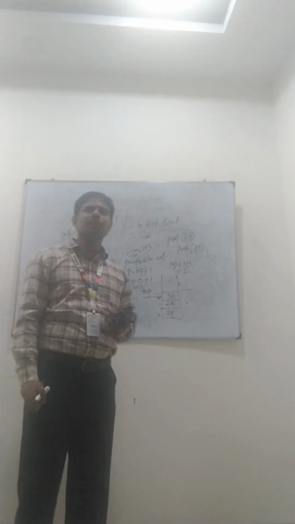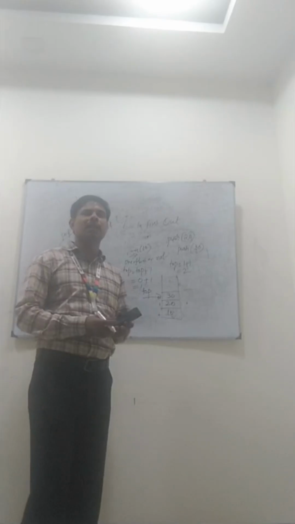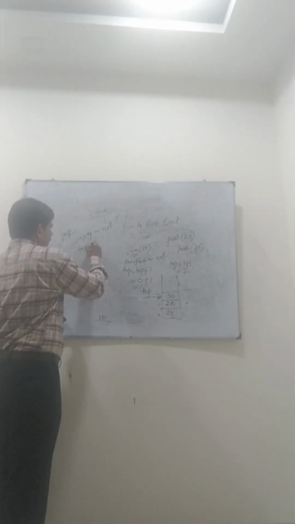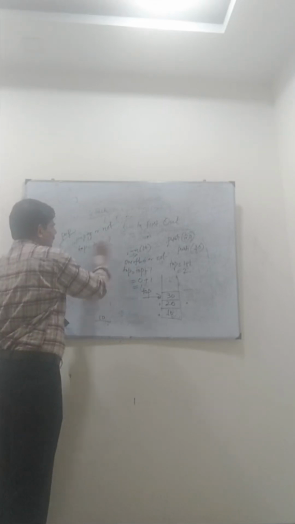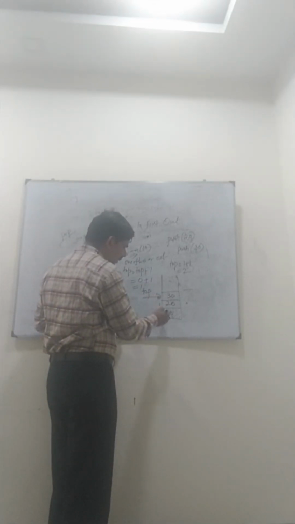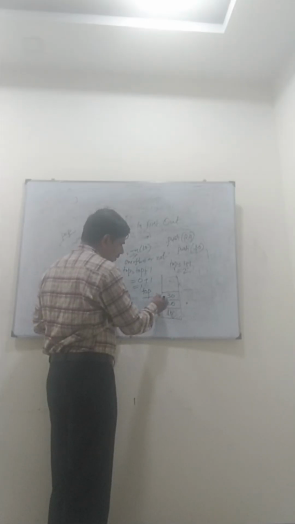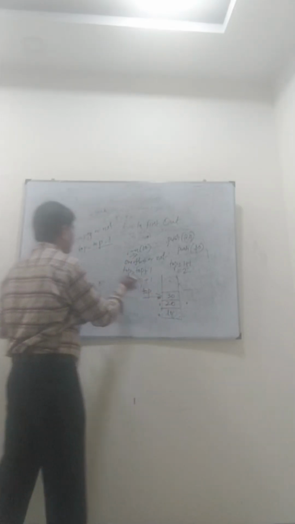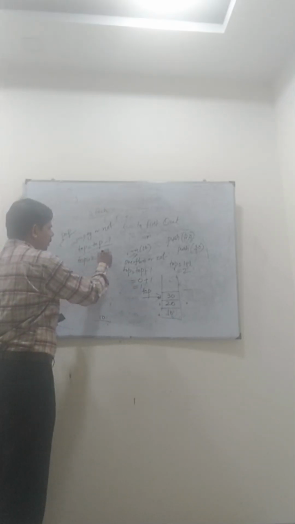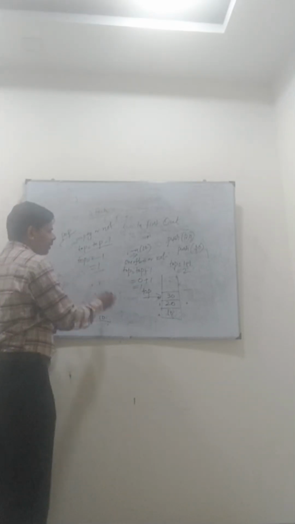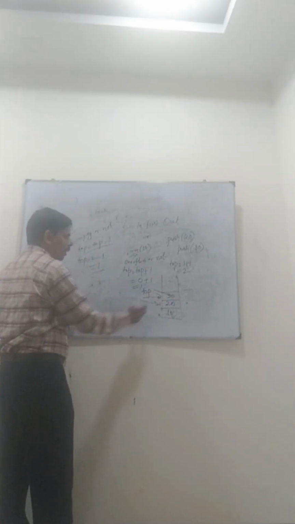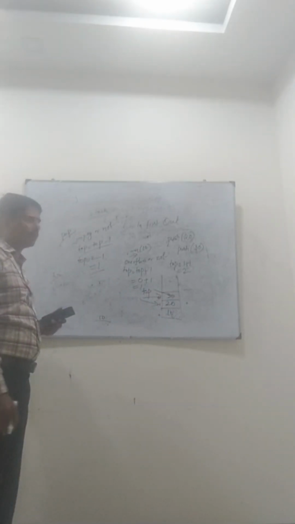If the stack is empty, we cannot perform deletion. Otherwise, top equal to top minus 1. The top is pointing to index 0, index 1 and index 2. Now top equal to the previous top value 2, 2 minus 1, 1. This element is removed, and the top is now pointing to index 1.